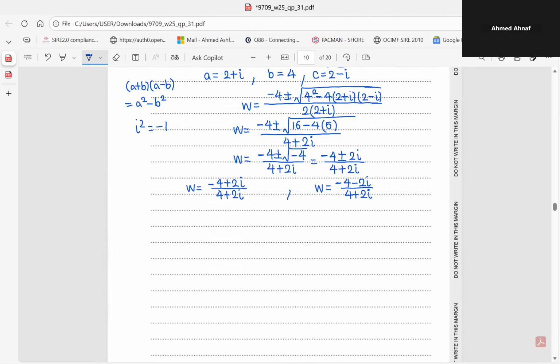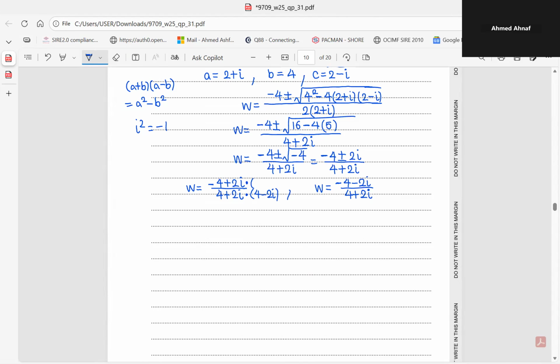Okay, so let's deal with this first. To deal with this, you have to first rationalize the denominator. What we mean is we are going to make the denominator real. To make this real, we have to multiply by the conjugate. This 4 plus 2i, the conjugate would just be 4 minus 2i.